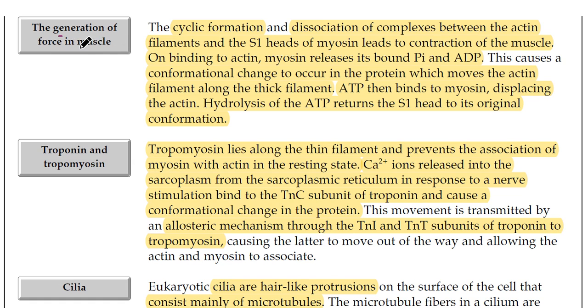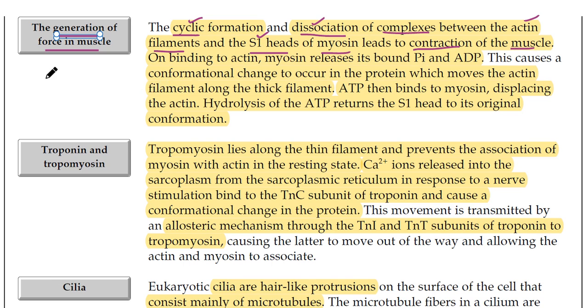Next is the generation of force in the muscle. How is the force generated? There is a cyclic formation and dissociation of complexes between the actin filaments and the S1 head of myosin. When these complexes form and dissociate, it leads to contraction of the muscle.